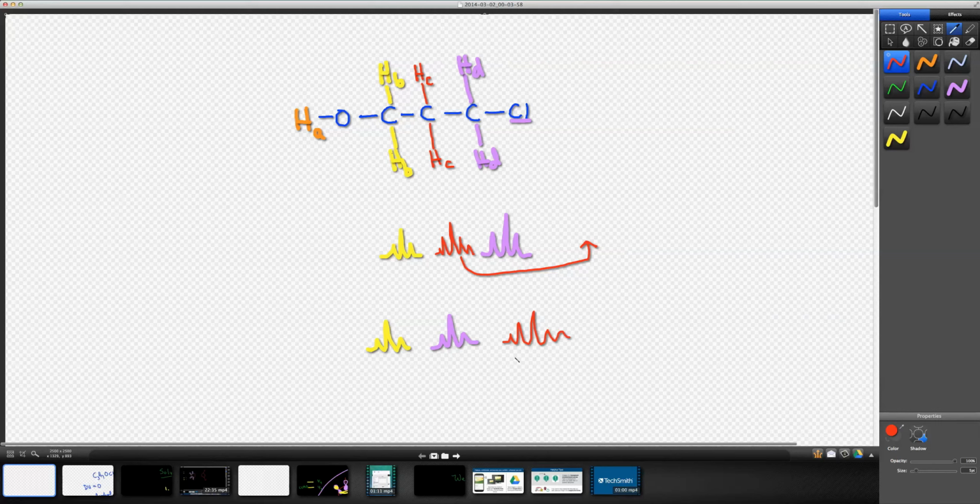Again, this really isn't 5 peaks, but the peaks are going to overlap, and the low resolution of our spectrometer is not going to be sufficient to give the kind of splitting that this should have. So let's go back and look at the proton NMR.